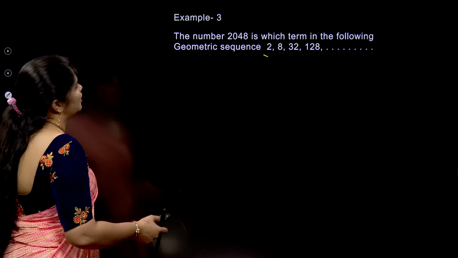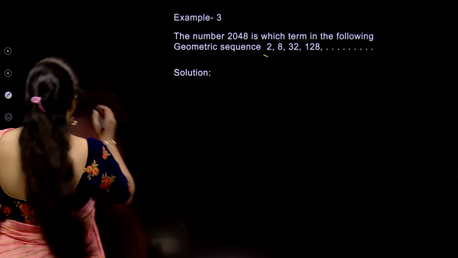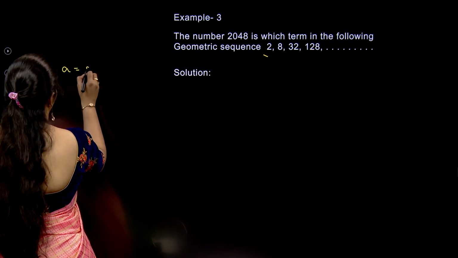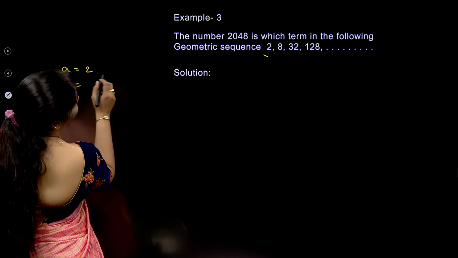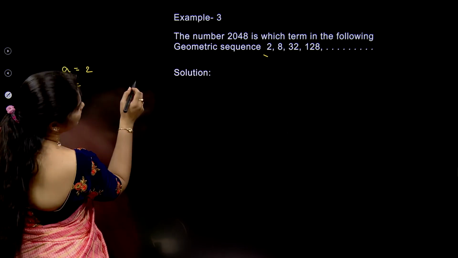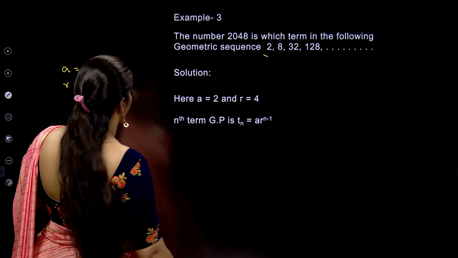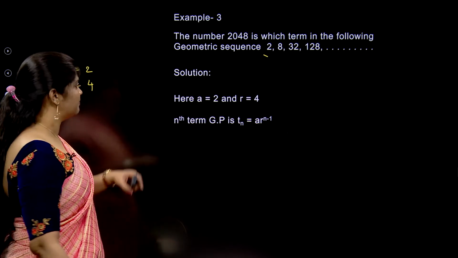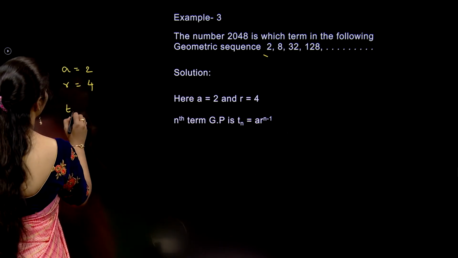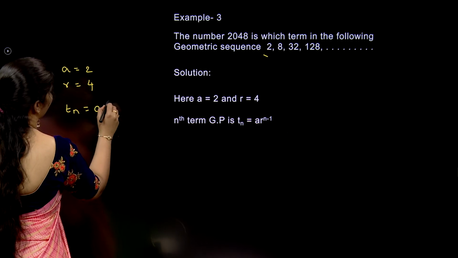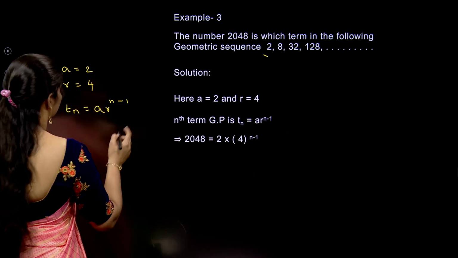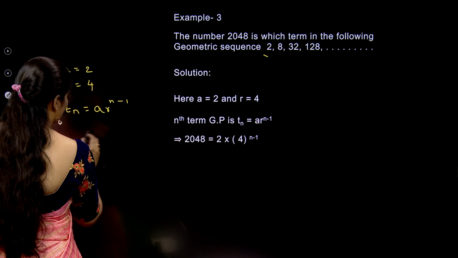Right, children? So now, here a equal to 2 and r equal to T2 by T1, that is 8 by 2, which is 4. So now the nth term GP formula is Tn equal to a r power n minus 1. So substitute these values.